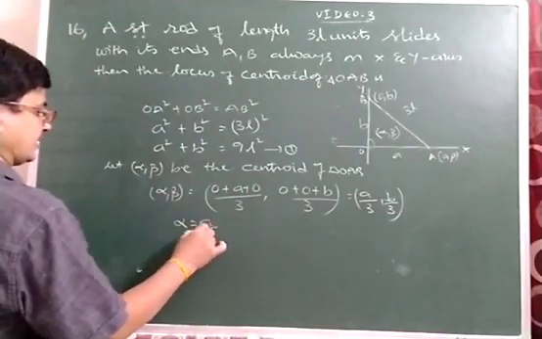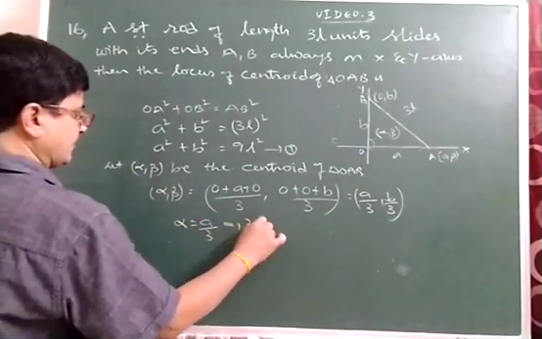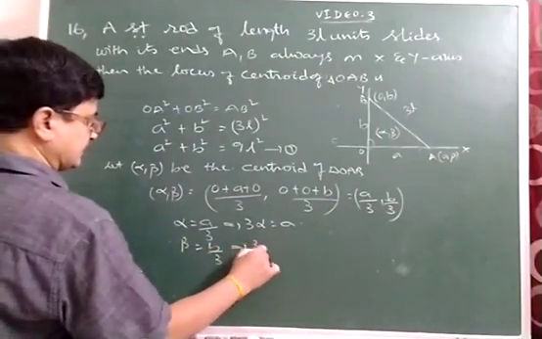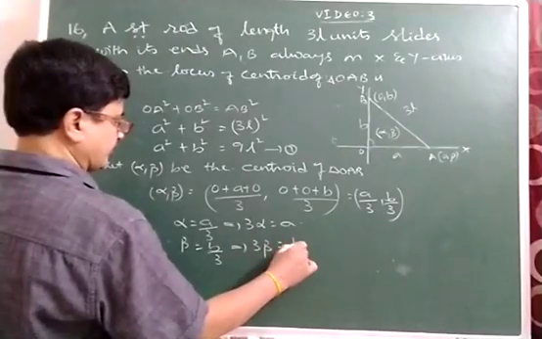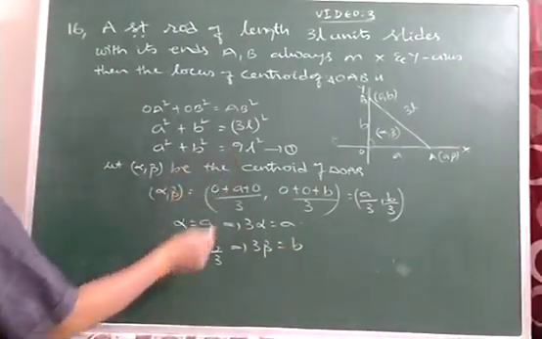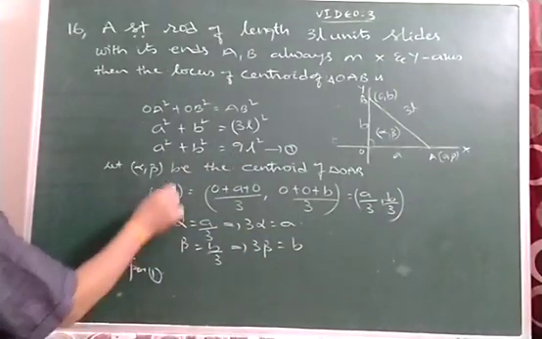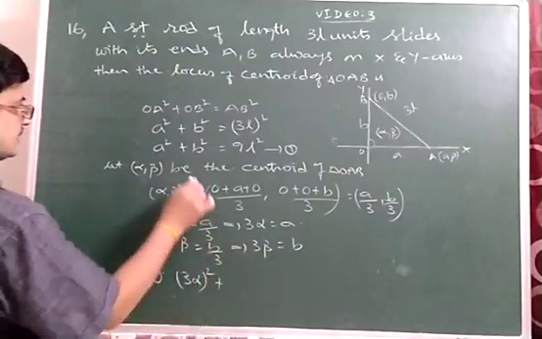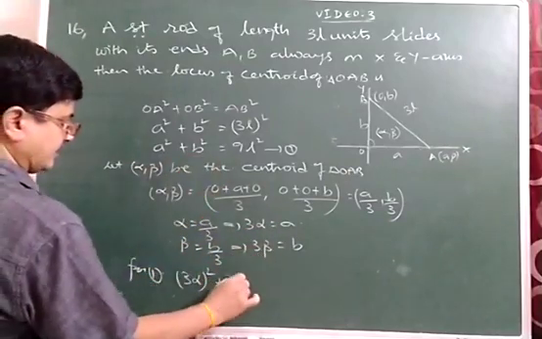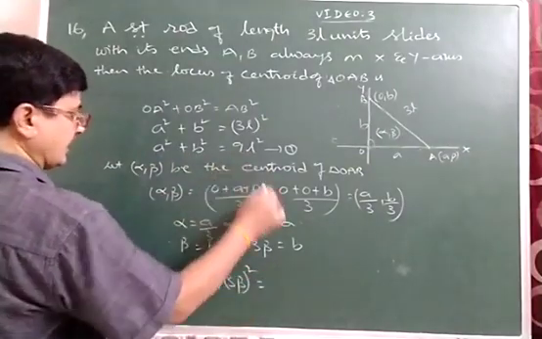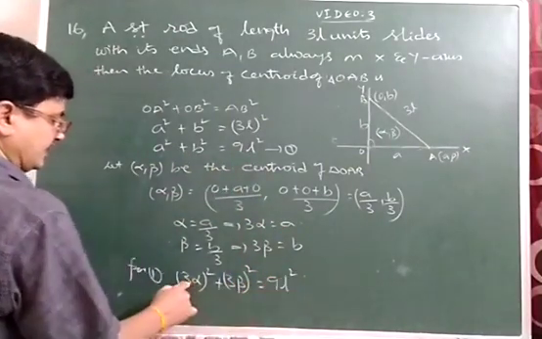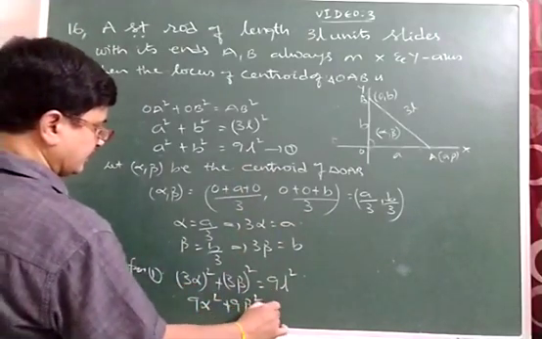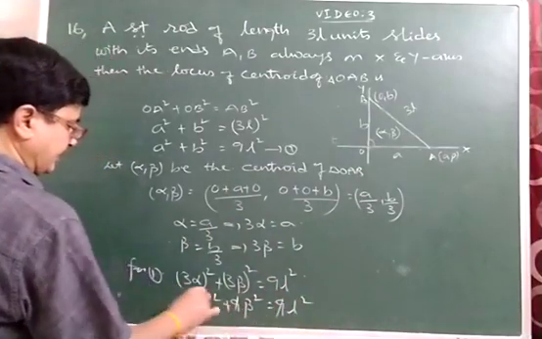Comparing, alpha is equal to a by 3, that implies 3 alpha is equal to a, and beta is equal to b by 3, so 3 beta is equal to b. Substituting these values in 1, (3 alpha) whole square plus (3 beta) whole square is equal to 9l square. So this is 9 alpha square plus 9 beta square is equal to 9l square. Cancel 9 on both sides.